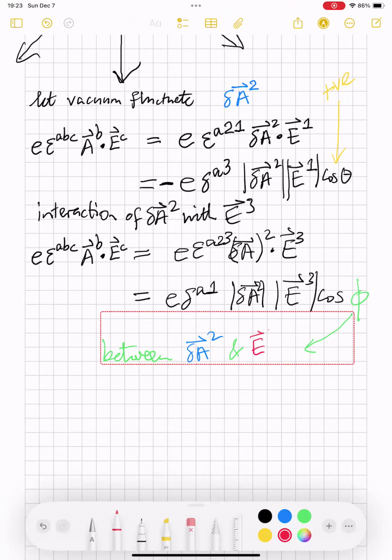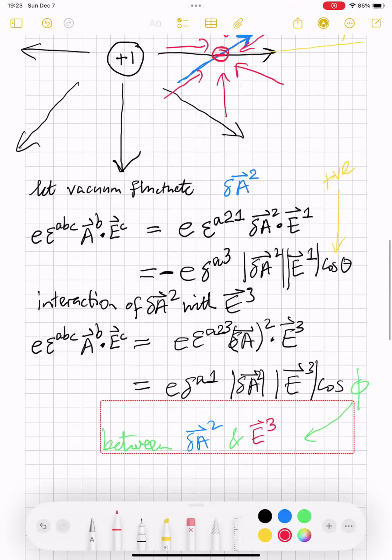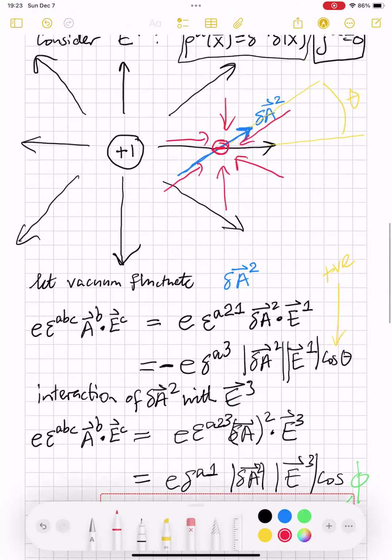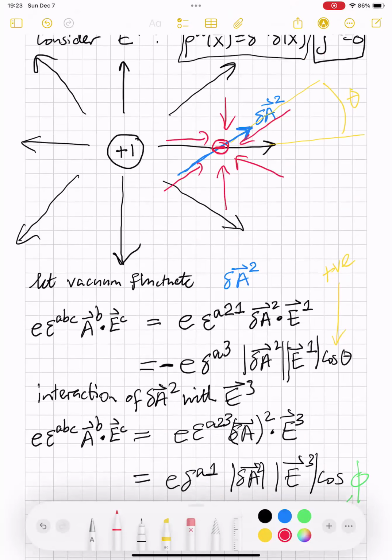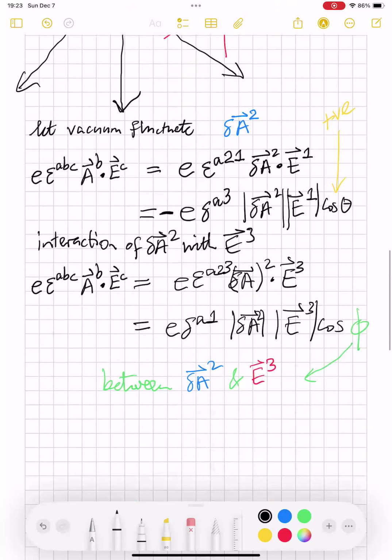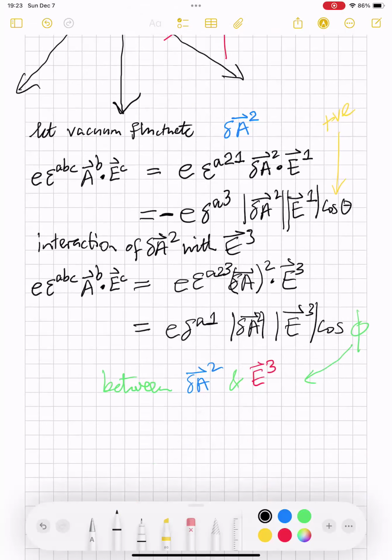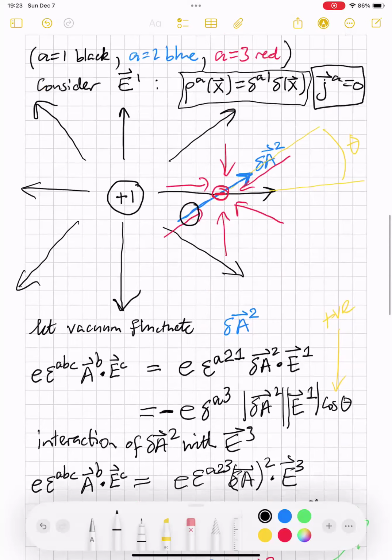So that's the angle that we've got to look at. Okay, so now let's take a look. Over here, at the bottom, in this region, the angle between A2 and E3, the blue and the red lines, is naught. The cosine of naught is plus 1. So it's like we've got a positive source of charge. So it's like sitting here, we've got a plus 1 charge.